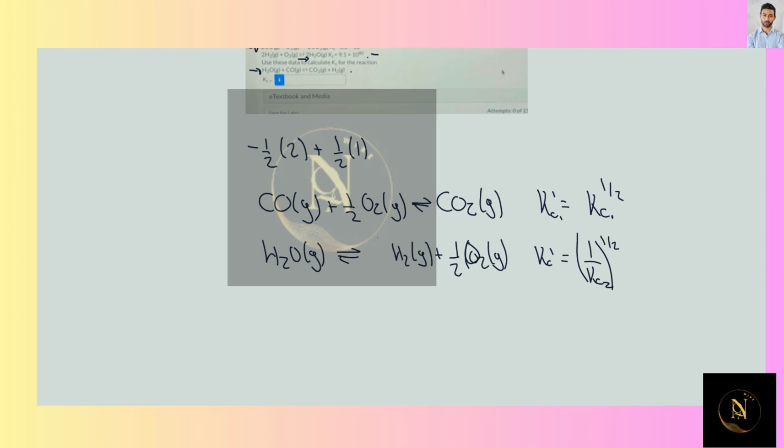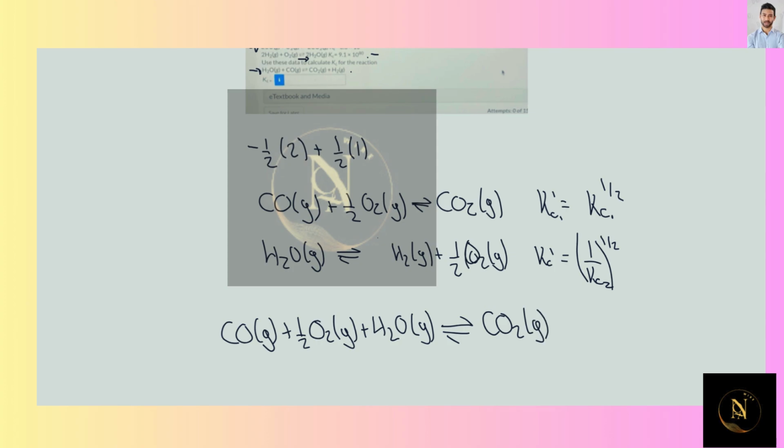Notice that upon adding them up together, we're going to get CO gas plus 1/2 of oxygen gas plus water is going to produce and be in equilibrium with CO2 gas plus H2 gas plus 1/2 of O2 gas.